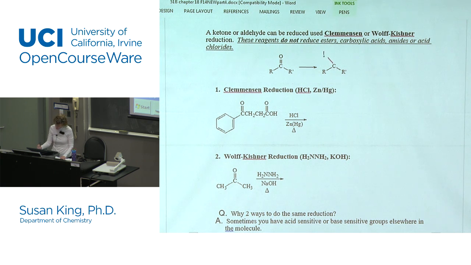In this reaction, Clemmensen or Wolff-Kishner, you replace a carbonyl with two hydrogens. Note that that's not the same thing that hydrogen and palladium does. Hydrogen and palladium will reduce that to an alcohol. But if you want to replace that oxygen with two hydrogens, you need to use Clemmensen or Wolff-Kishner.